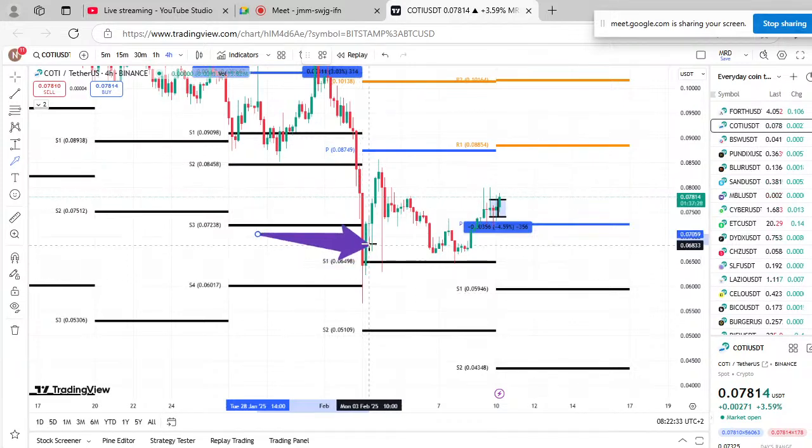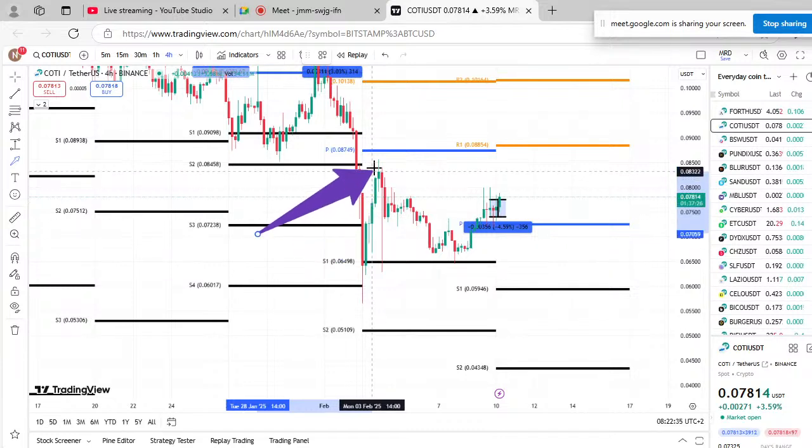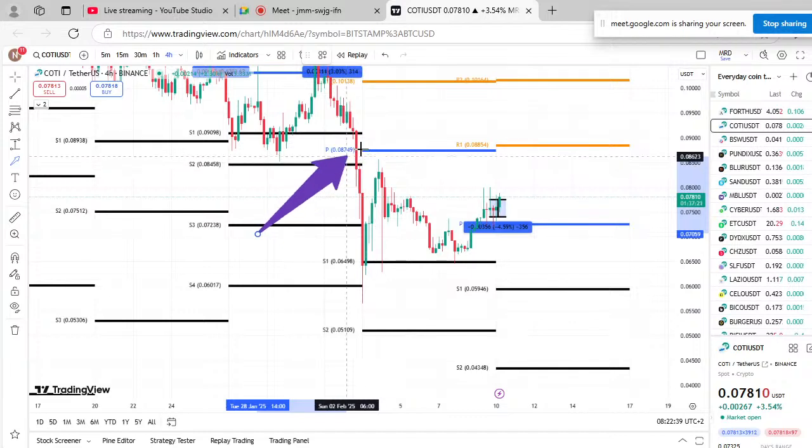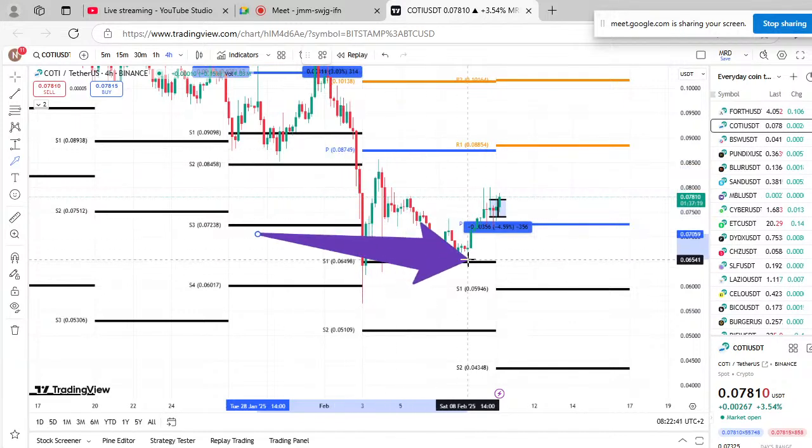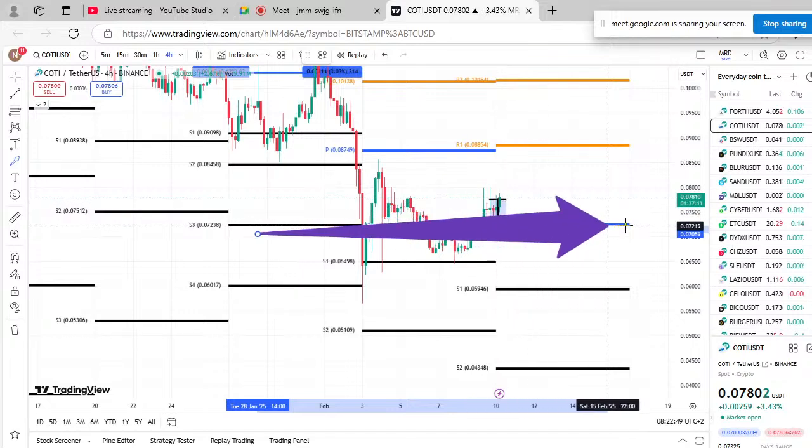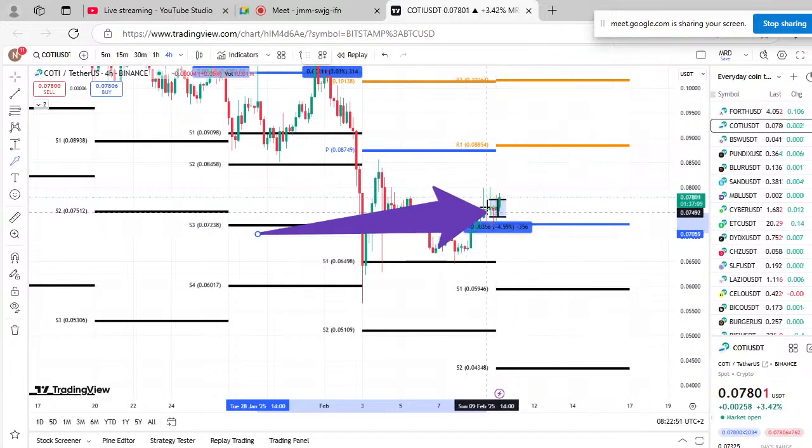Then it respected it. Then again, we can see the market pushing up, trying to reach the pivot point, and again it refused. Again it tested the support 1 on this point. Now, after closing above this pivot, you can see that's where we shared the signal from.